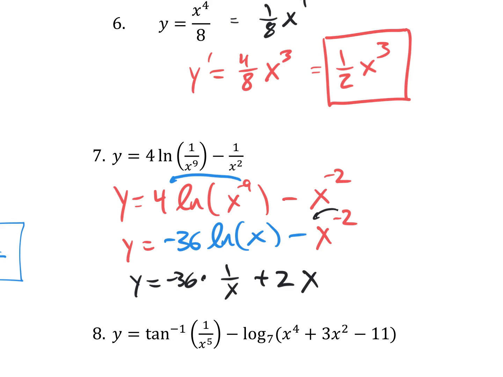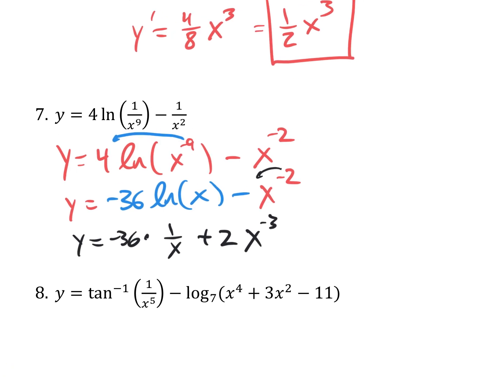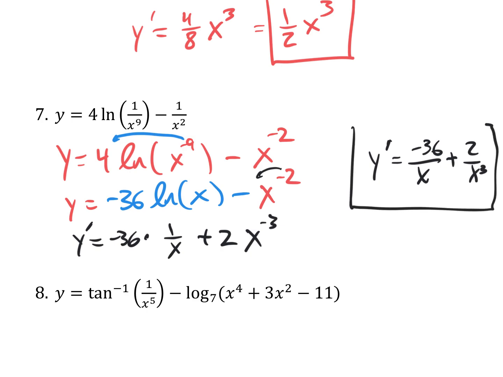X, subtract from the -2, you get -3. Watch out for that. Don't make it a 1 accidentally. And, oops, need to label that y prime. That is the derivative. We're now doing the derivative. A little rewrite would be good because we don't want negative exponents in the end. And so that's going to be plus 2 over x cubed. There you have it. Okay.